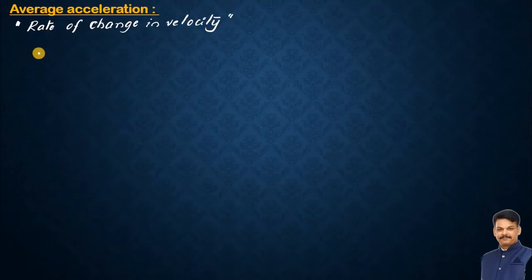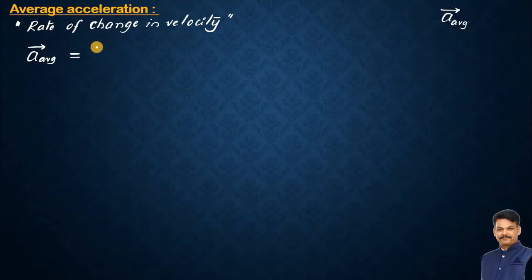Therefore, dear students, how can this average acceleration be represented in vector form? Suppose average acceleration is denoted by a average with an arrow mark in vector form. Then average acceleration is equal to the rate of change in velocity.